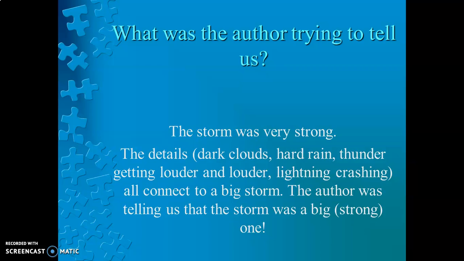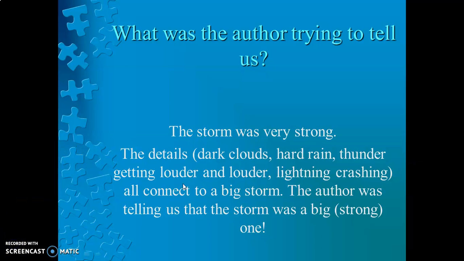The author was trying to tell us that the storm was very strong. Those details, the dark clouds, hard rain, thunder getting louder and louder, lightning crashing, all connect to a big storm. The author was telling us that the storm they were having was a big or strong storm.